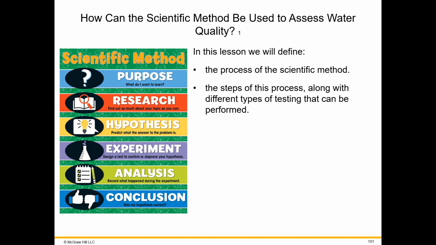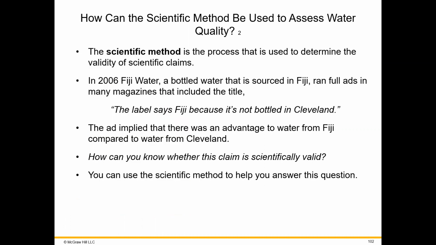And it's important to understand the scientific method because you can basically use it to test anything. It's not only hard science that we can use it for, it can be used in your everyday life. And it is to determine the validity of scientific claims.